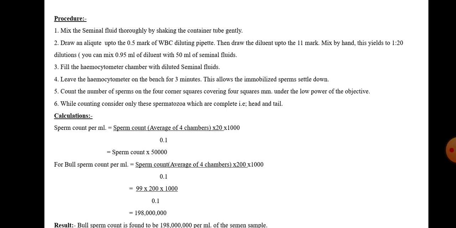Then fill the hemocytometer chamber with the diluted seminal fluid. Leave the hemocytometer on the bench for 3 minutes.